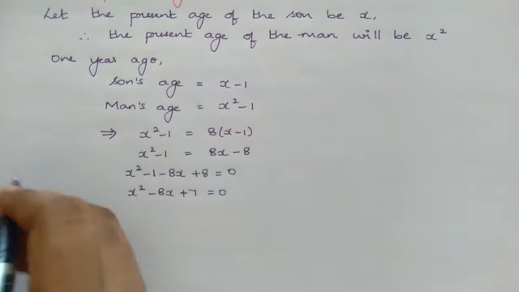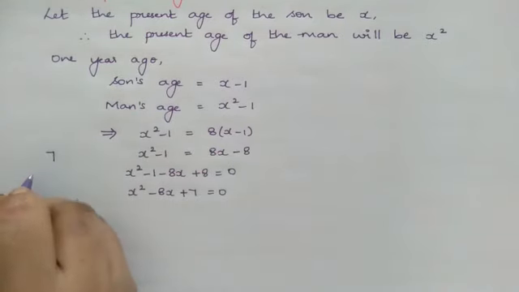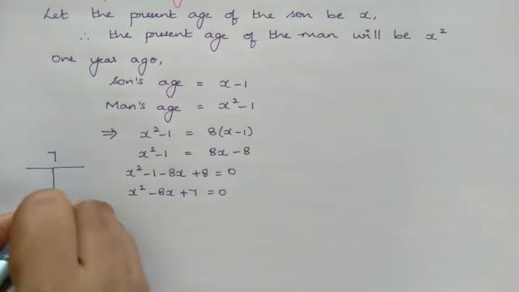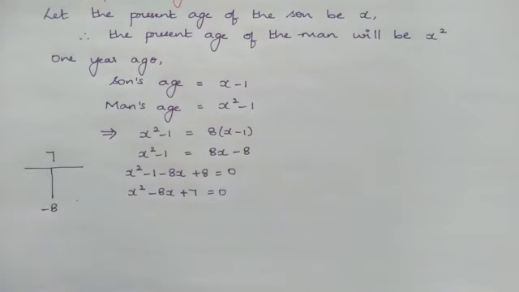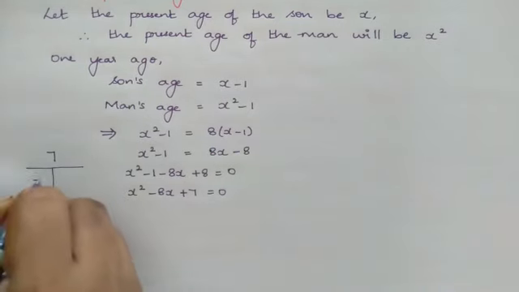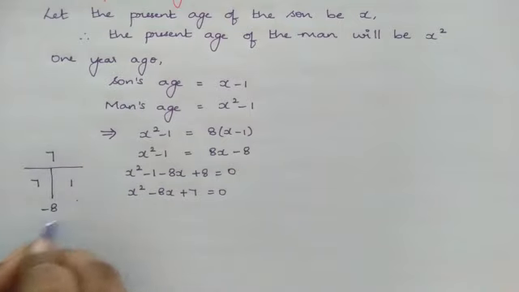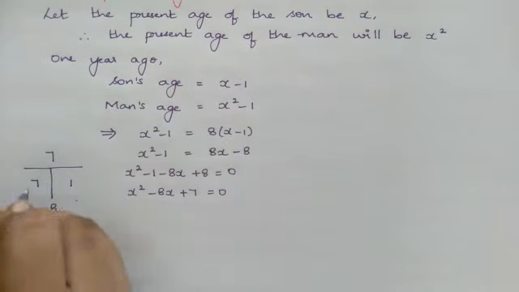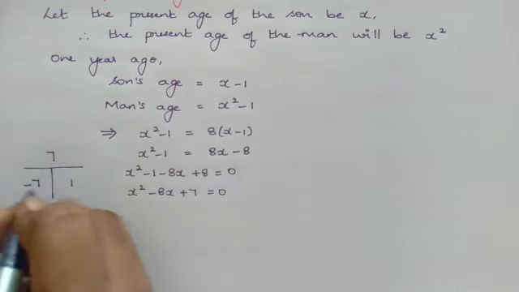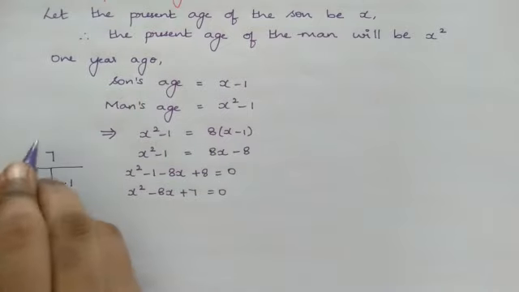We are going to factorize it. We want 7 as a product of two integers and minus 8 as the sum of two integers. Very easy combo: 7 into 1 is 7. We want minus 8, so we add and give the same sign. Minus 7 into minus 1 will be plus 7.